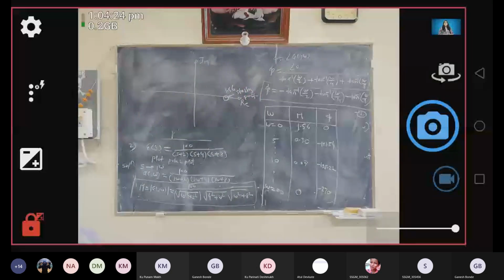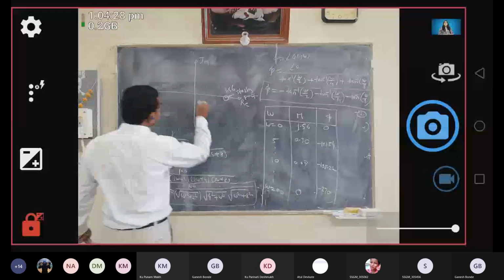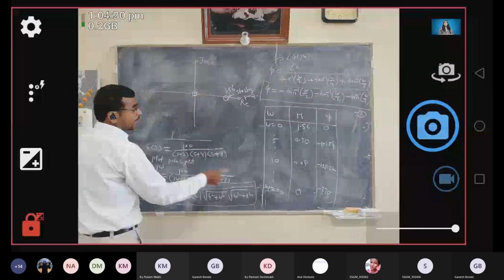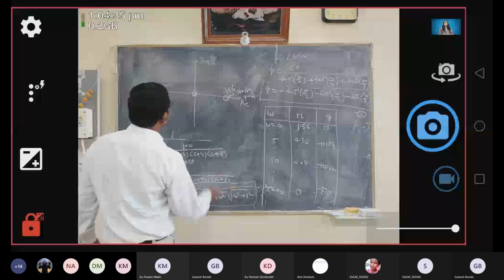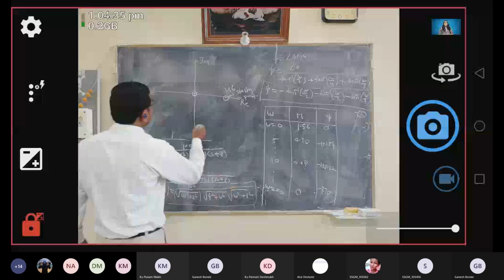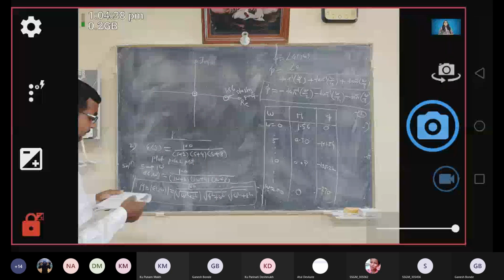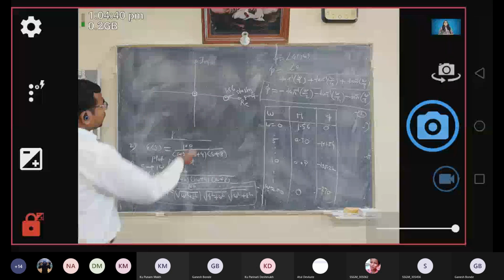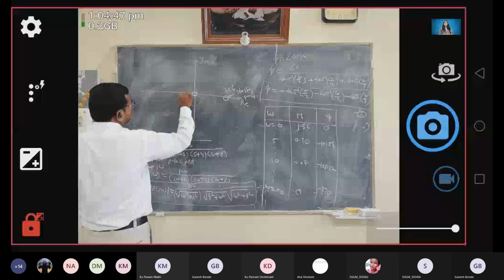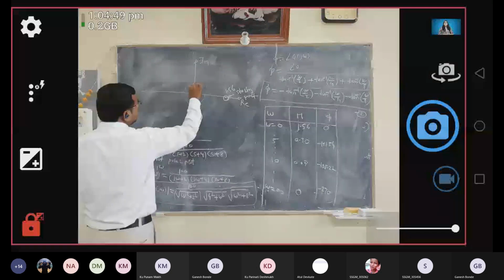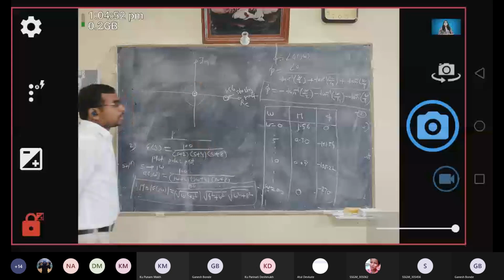Then the ending point, omega is equal to infinity, magnitude is 0, so this point is located here, and angle is minus 270. Measure clockwise like this: from here, minus 90, minus 180, minus 270 here. So in this way, through this angle, it may terminate.